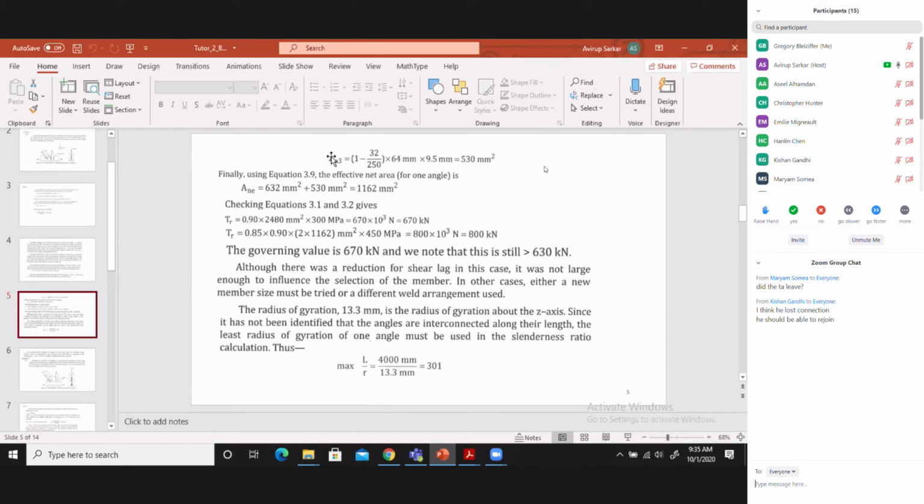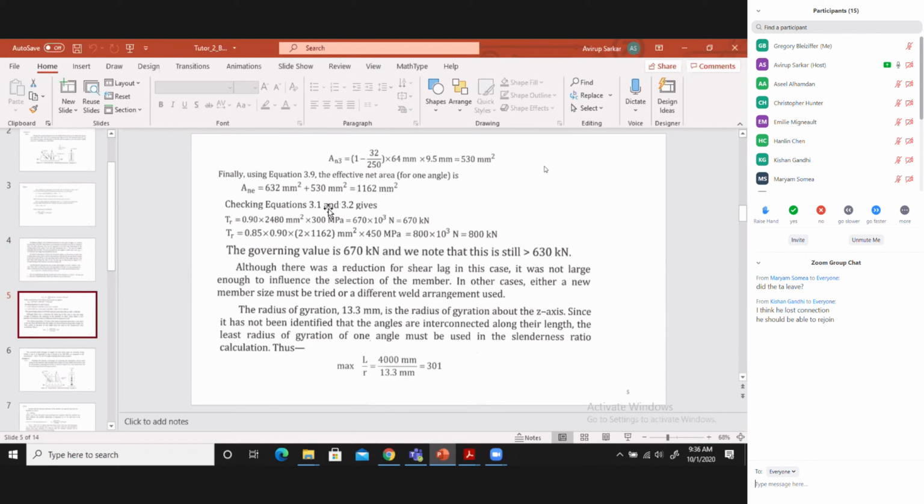Though it has been put just like that in the book, there is some thinking and calculation involved behind this: how to choose the R from the handbook, how to calculate the R for a double section, and then how to decide whether about the x-axis or y-axis. These things are a bit complicated for a double angle section. Is this clear to all of you? The R calculation?